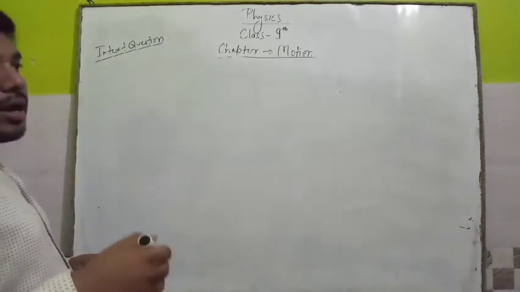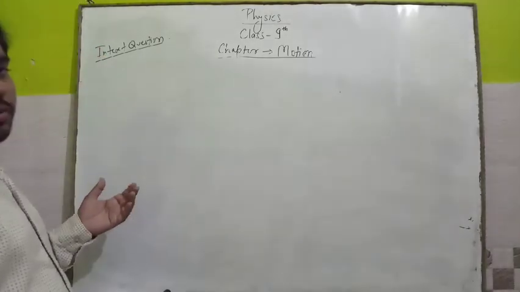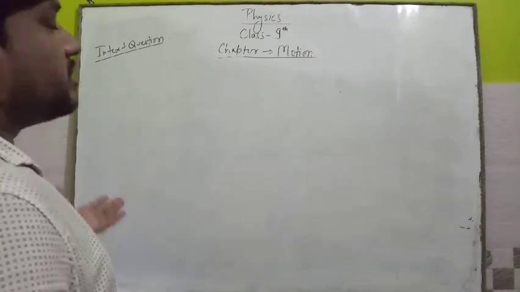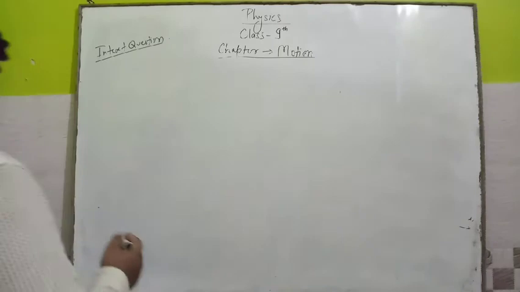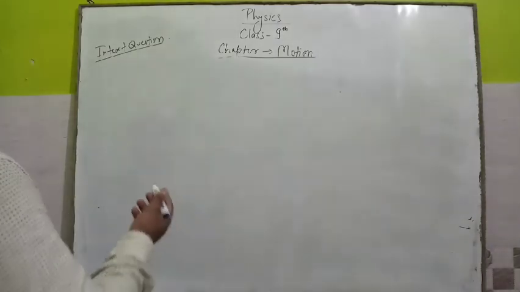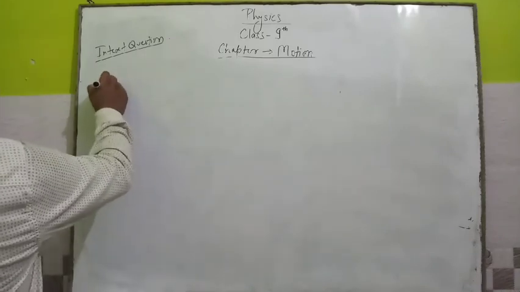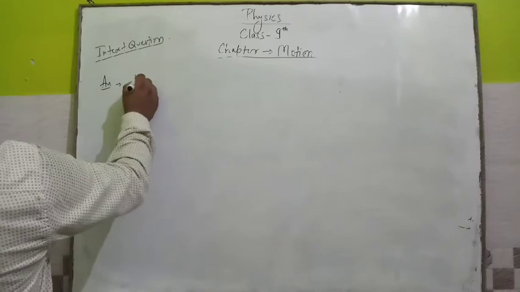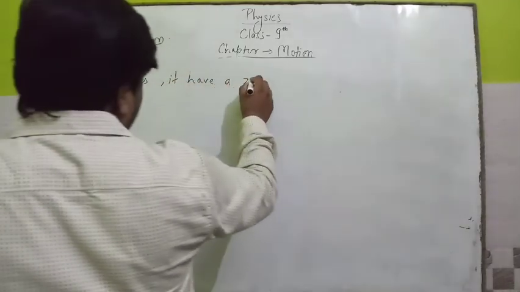If yes, if displacement is zero, then you give some example which supports your answer. Clear? So simple. If an object has moved through a distance, yes, it can have zero displacement. Means your answer is: yes, it can have zero displacement.